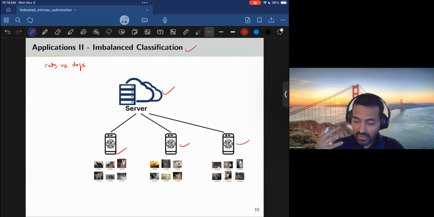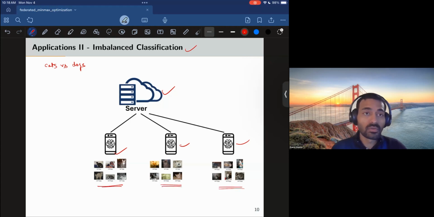So suppose we have all the devices which we have in our network. It so happens that all of them only have images of cats on their devices, right? So all the existing devices only have cat images. However, we want to identify which images are coming from cats and which images are coming from dogs. So far, all our devices only have cat images.